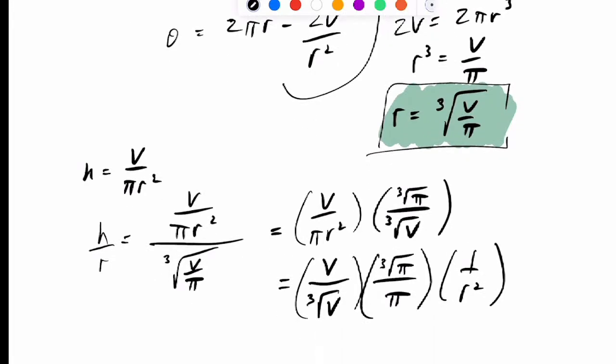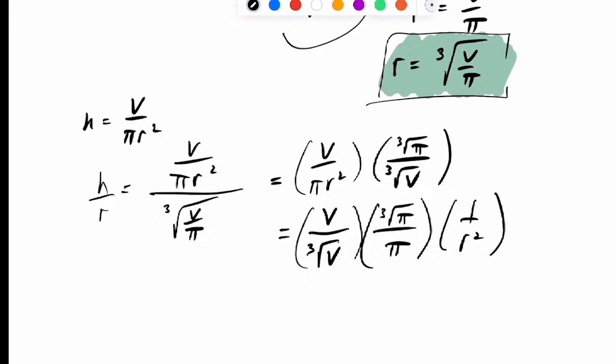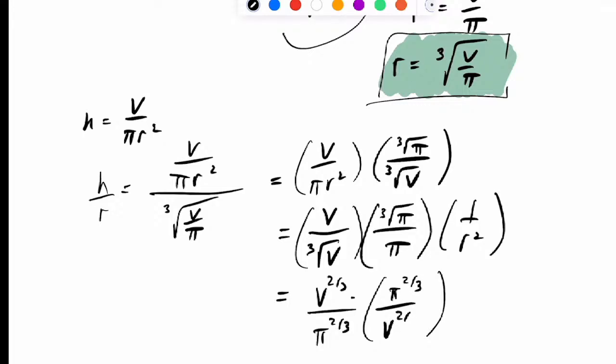There's a bit of algebra to do on this, but you'll see what ends up happening here: this ends up being v to the 2/3 over pi to the 2/3 times 1 over r squared, and you end up getting pi to the 2/3 over v to the 2/3 here. This all cancels. You end up getting 1.